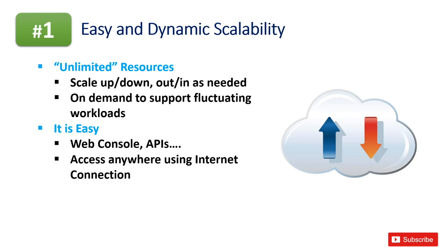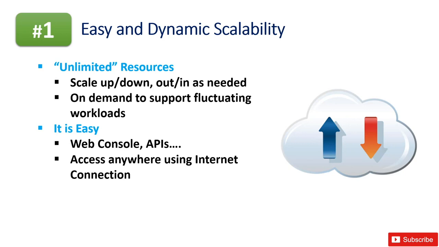It can be done using a web console, a CLI console, all kinds of development tools and dedicated web APIs. Users can scale services, customize applications, perform configuration, and access cloud services from anywhere with a simple internet connection.